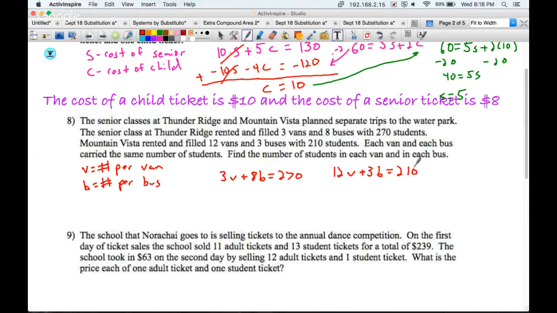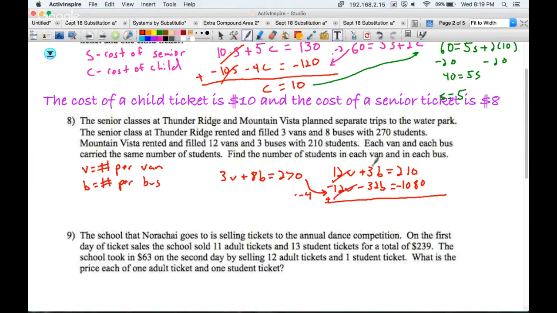Looks like we can do this one with elimination as well pretty easily. We can get a 0 pair by multiplying this equation here by -4. That way that 3 will become a -12. -12v minus 32b equals, what is that, 270 times 4. 1,080. Could be -1,080. Add them together.